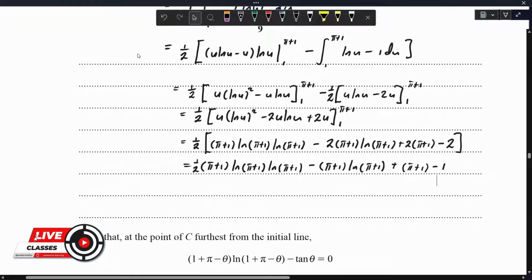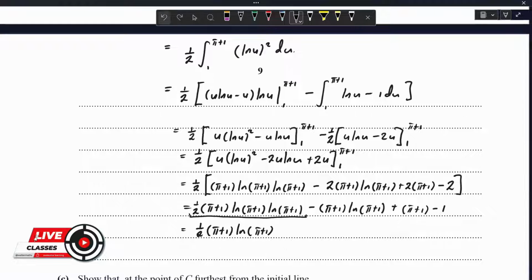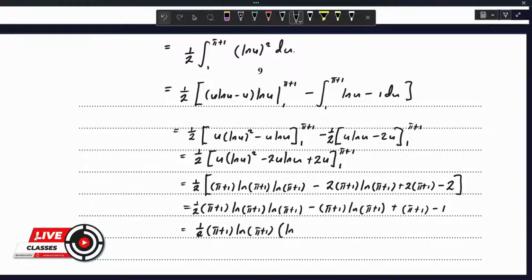All right. So essentially we have, I'm going to factor out a half of pi plus 1 of ln of pi plus 1. Okay. So if I factor it out on here, what will remain is ln of pi plus 1 minus, if I factor out this thing on here, we will just be left with a 2 minus 2 close bracket.